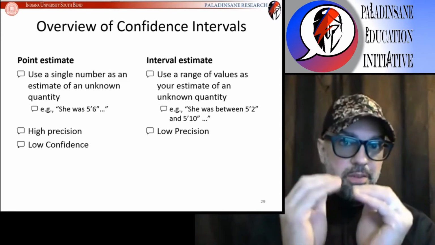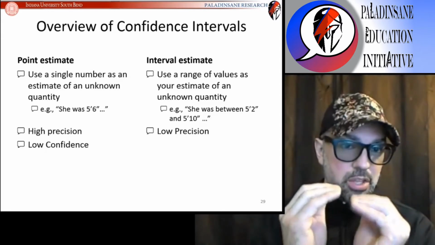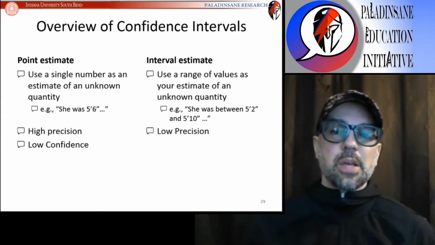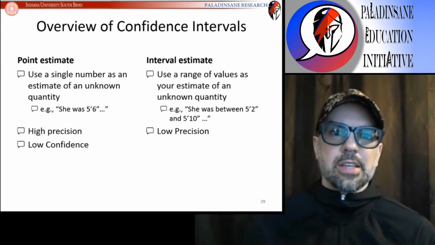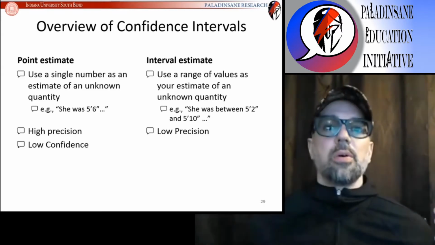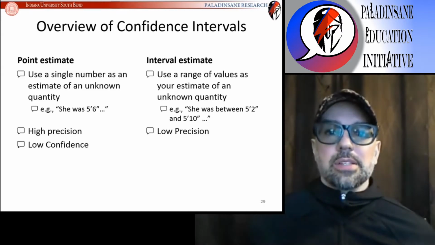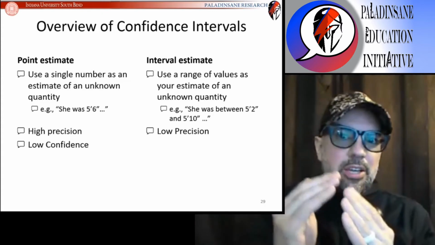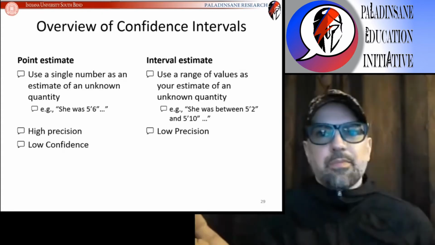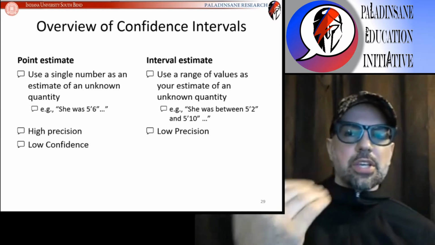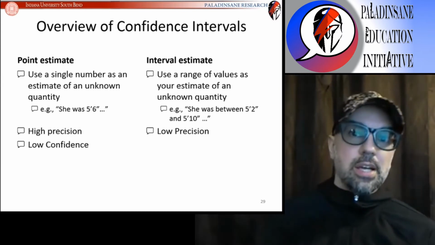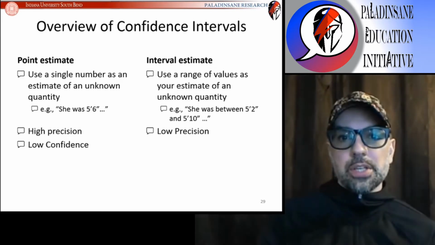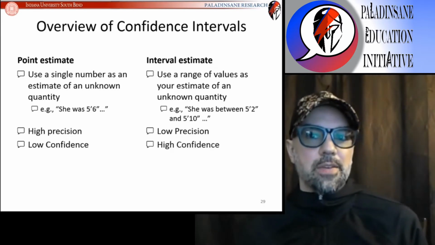If she is 5'6 1/4", your estimate is incorrect. So if somebody was to ask you, are you confident about your estimate of 5'6", you would have to say, no, I'm very low confidence, because even if she's a little off of 5'6", you're incorrect. So that high precision comes at a cost of confidence.